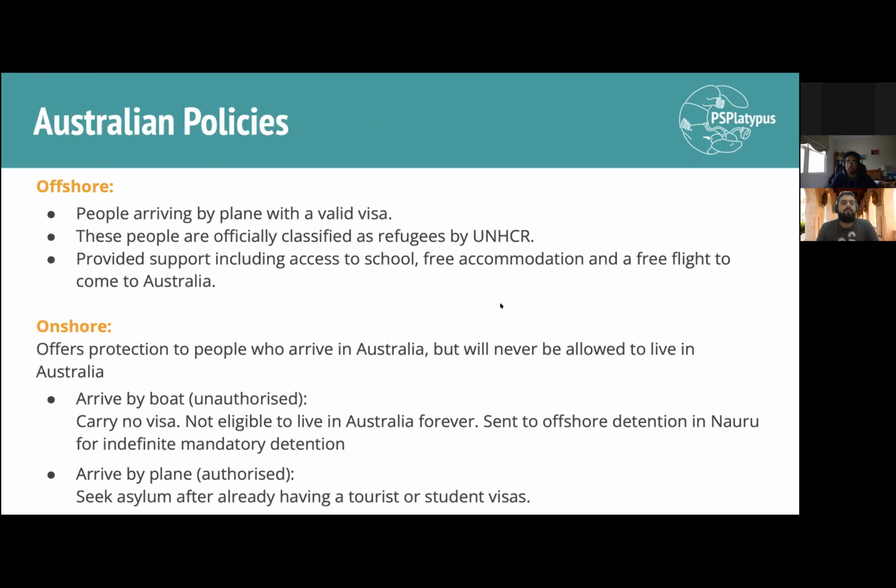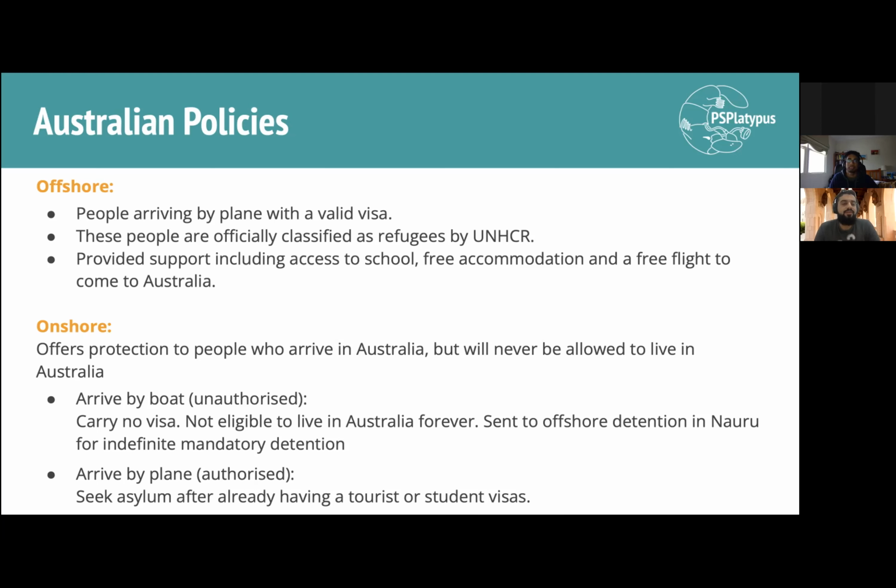So Australia's current policies regarding refugees or asylum seekers: Australia is accepting 18,750 refugees every year. And this is divided into offshore and onshore processing.